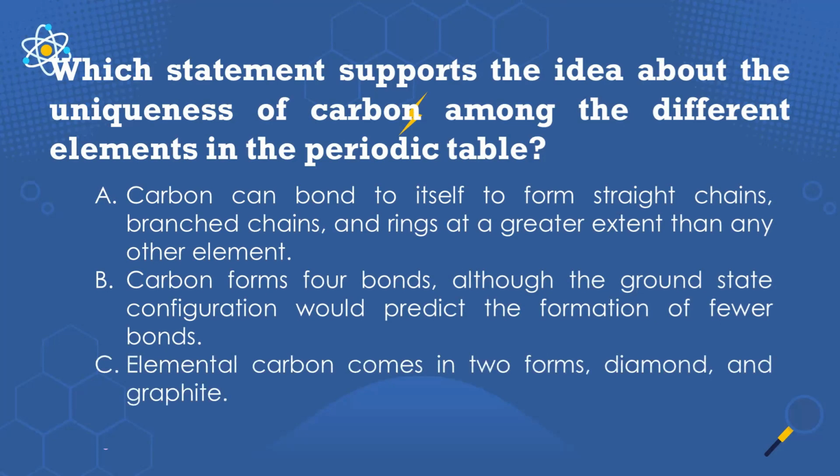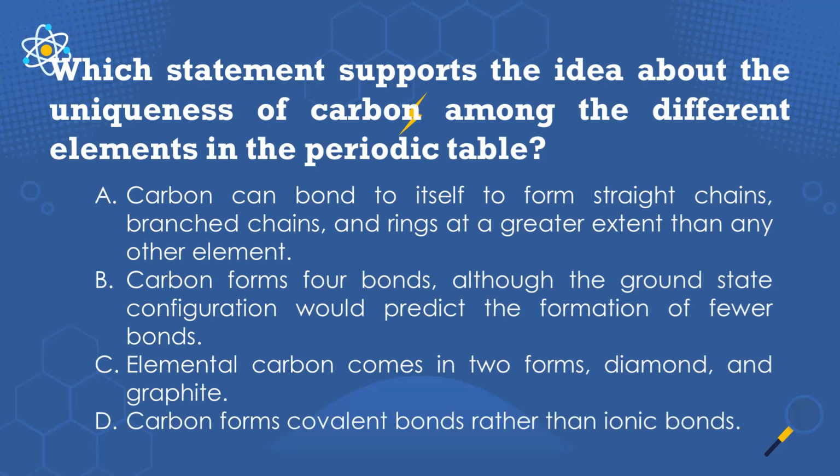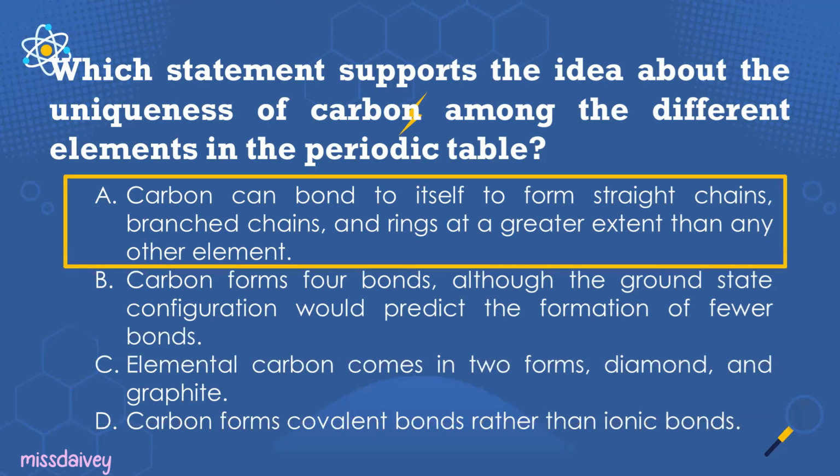Letter C, elemental carbon comes in 2 forms, diamond and graphite. Or D, carbon forms covalent bonds rather than ionic bonds. The correct answer to this one is letter A. Carbon can bond to itself to form straight chains, branch chains, and rings at a greater extent than any other element.